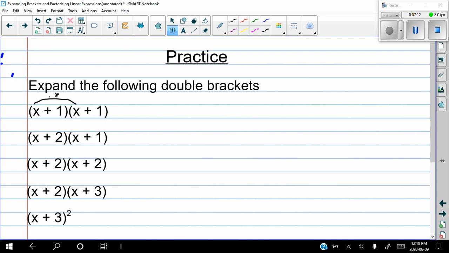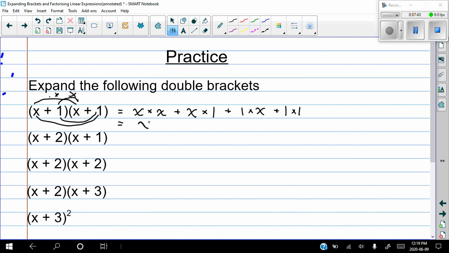So we have x times by x, and then we go our x times by the positive 1, so plus x times by 1. Then we look at our second term in our first bracket. So we have 1 times x, so we get 1 times by x. And our second one, we have 1 times by 1.